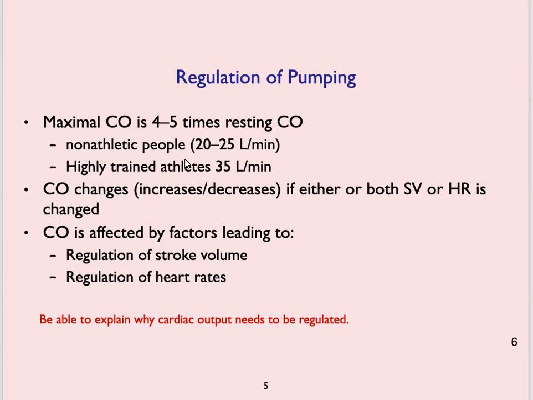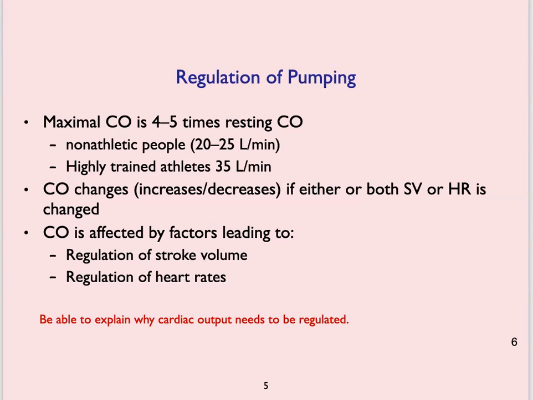These aren't numbers that you have to memorize, but you can see that highly trained athletes can have significantly higher efficacy in ejecting blood from their heart per minute compared to the rest of us. Cardiac output being the product of stroke volume and heart rate means that you can increase or decrease cardiac output by influencing either stroke volume or heart rate or both.